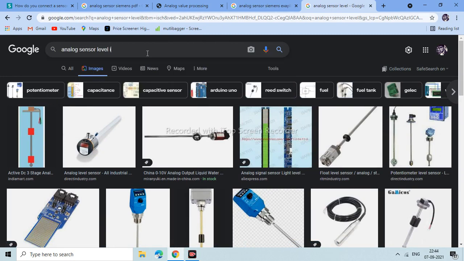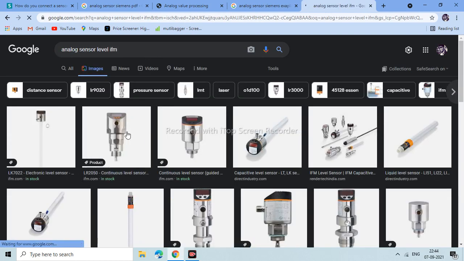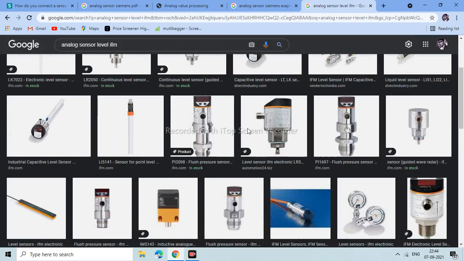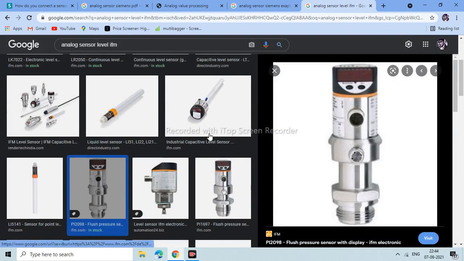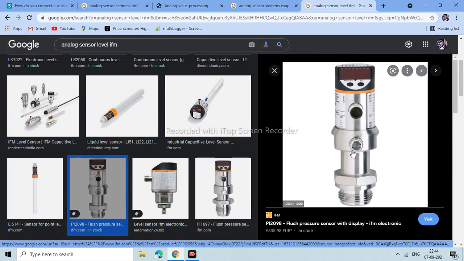IFM is a standard company, a German company. Their level sensor provides 4 to 20 milliamps. I work on that, so I know this is the level sensor.